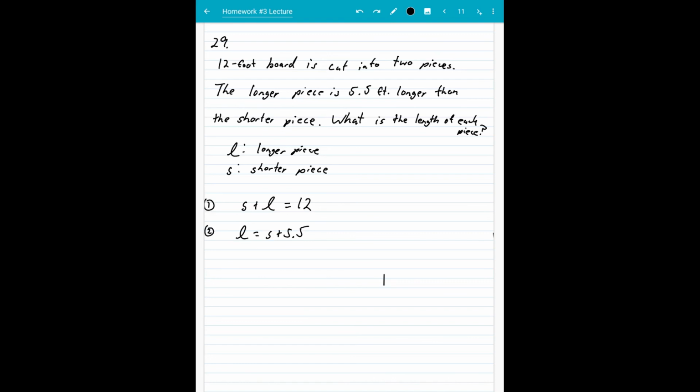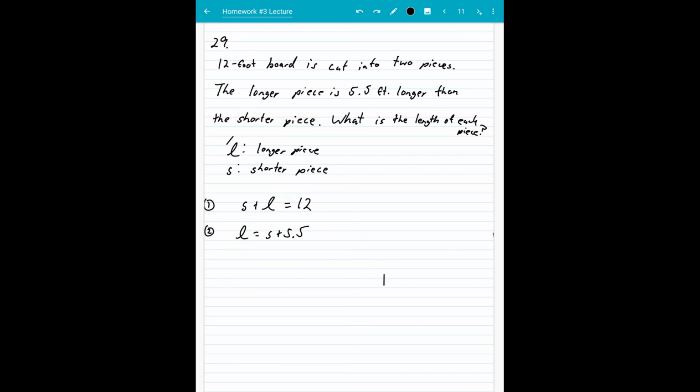So we currently have two equations with two unknown variables. Two unknowns, two equations. Perfect. We can solve for each individual variable with this. What we're going to do is we need to learn something called the substitution method. So here, I have L by itself. We've only learned how to solve equations if they have one variable in them.